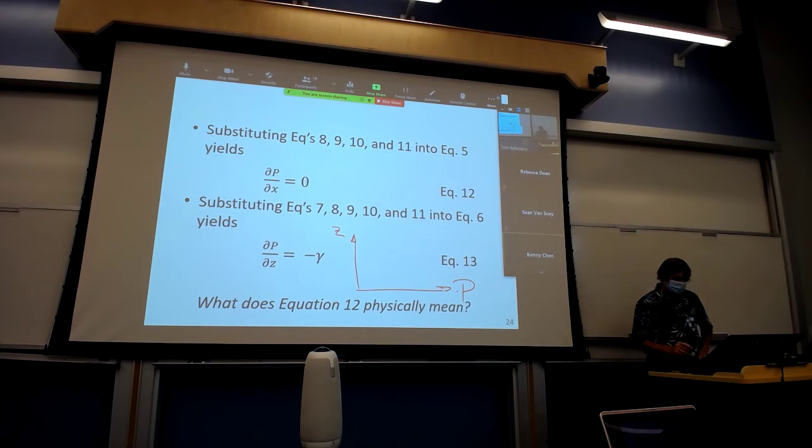And so what this says is, if we move in the z direction, we're going to change pressure.